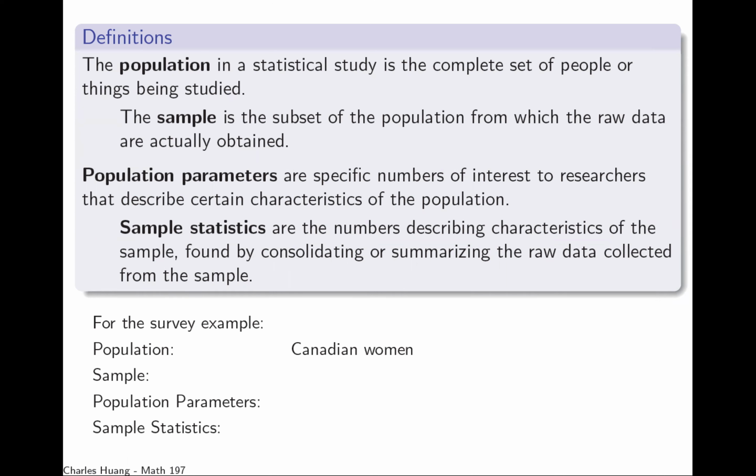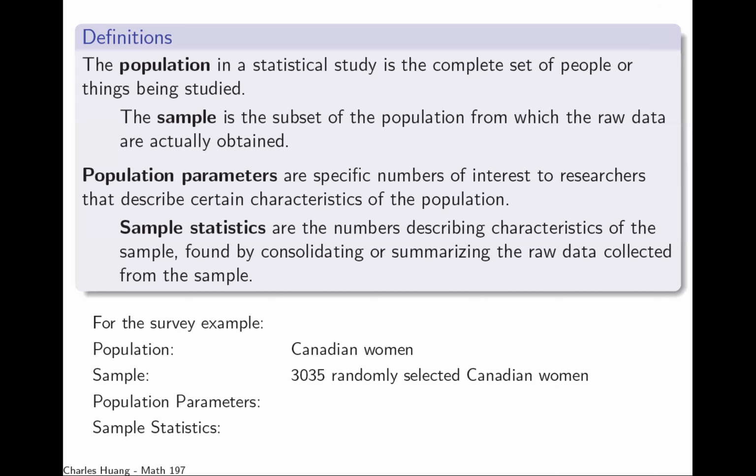But what we can do is pick a small number of the population, the sample, to answer these questions. In this particular example, if you look at the detail of this survey, around 3,035 randomly selected Canadian women answered the survey, and they formed the sample of this study.